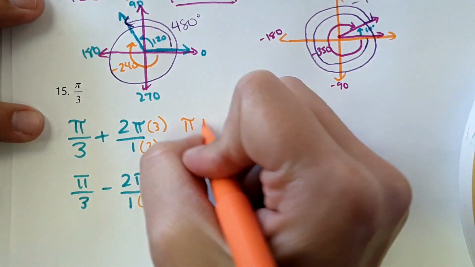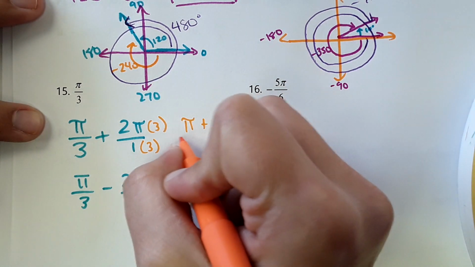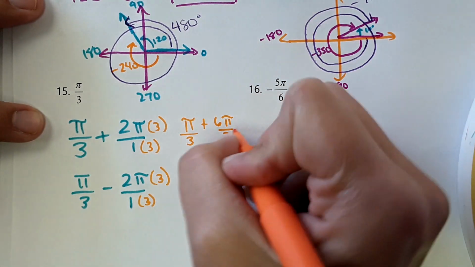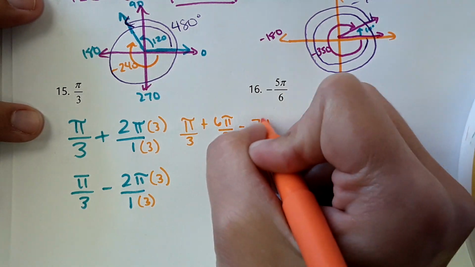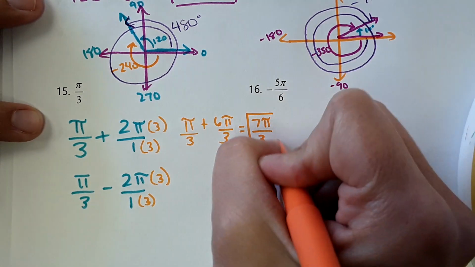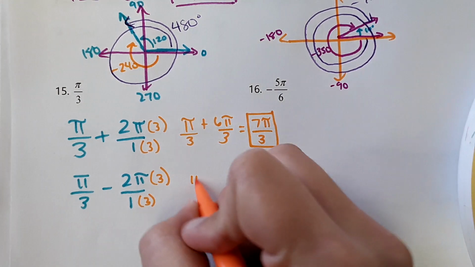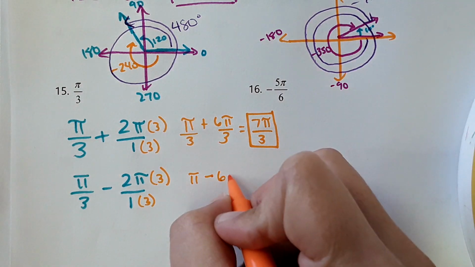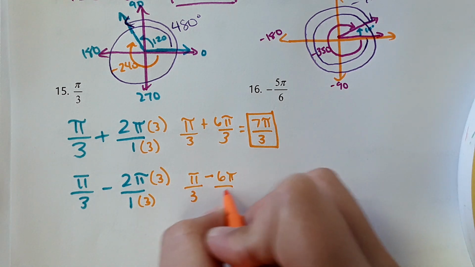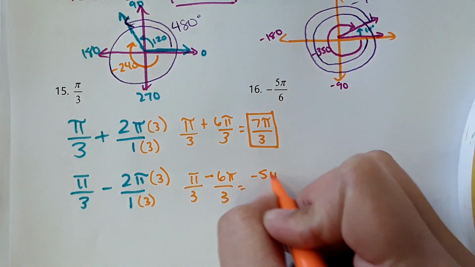So we get pi plus 6 pi equals 7 pi over 3. And then pi minus 6 pi equals negative 5 pi over 3.